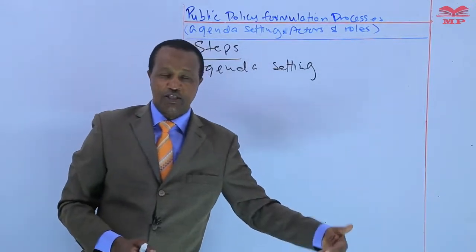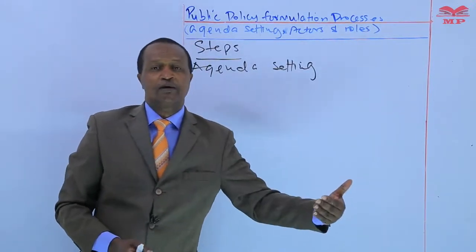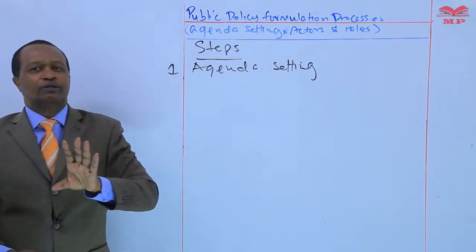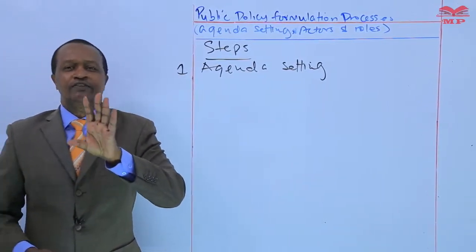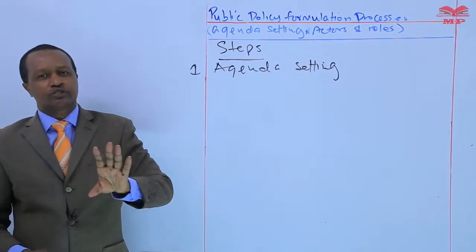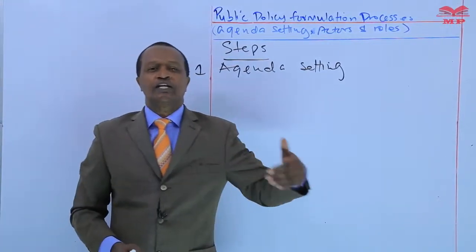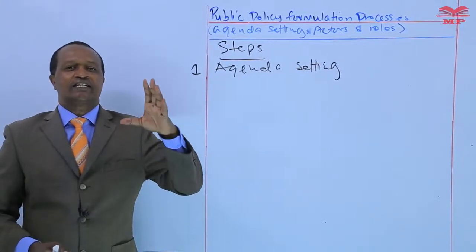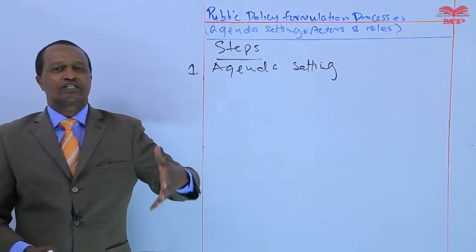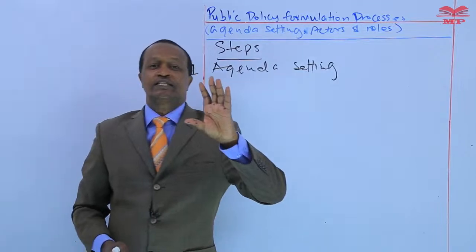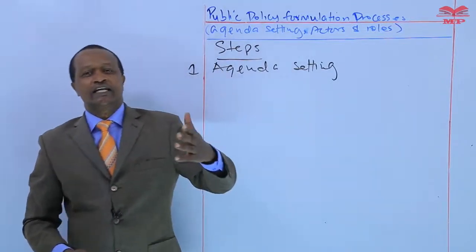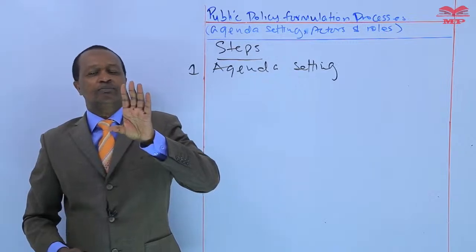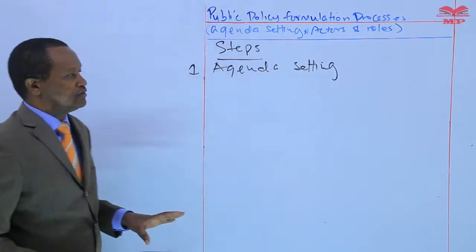So there has to be, first of all, the definition of the problem, the issue that calls for formulation of policy. And that may involve analyzing data, conducting research, consulting the stakeholders, and engaging with the public to determine which issues should be given priority.